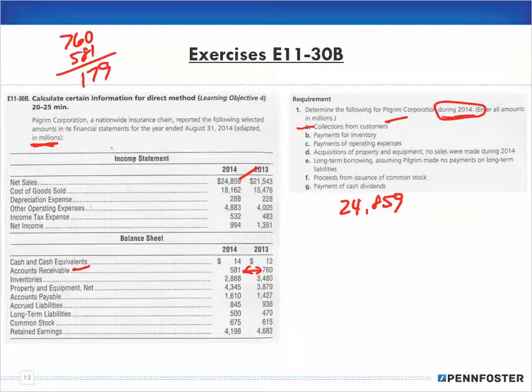That is a decrease in my accounts receivable, so I have to add that in because I got cash back from it. When I add those two figures up, I end up with $25,038,000 as my collection from customers. I start out with my net sales, and then I have to consider how much my accounts receivable decreased or increased during that period, and that will give me my collection from customers.